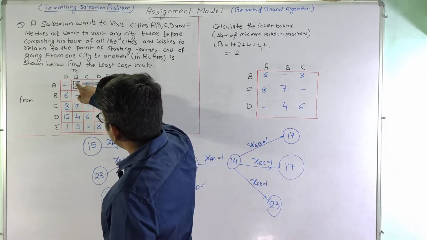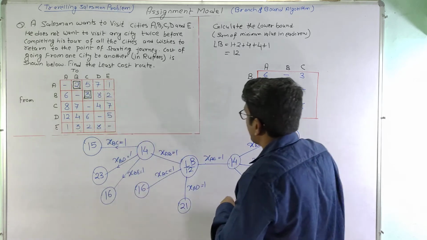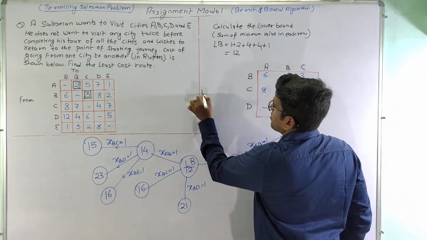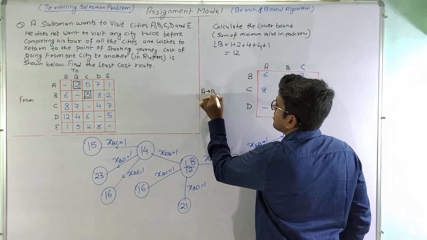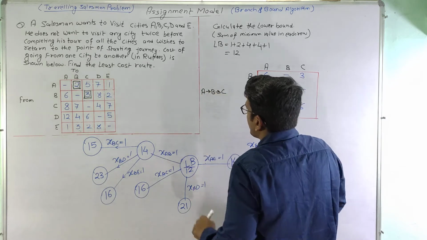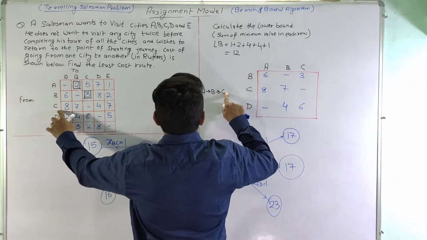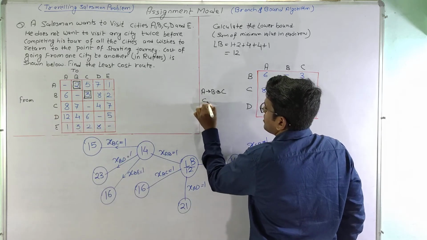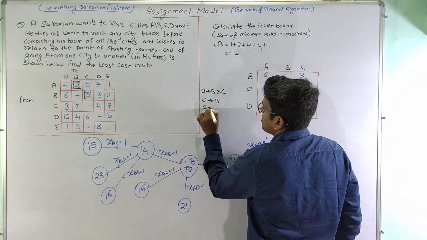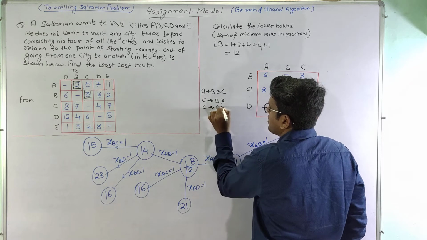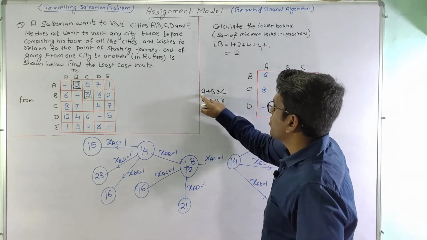So let me write here. It is moving from A to B, B to C. Now it cannot move from C to B and C to A because it will create a subtour.